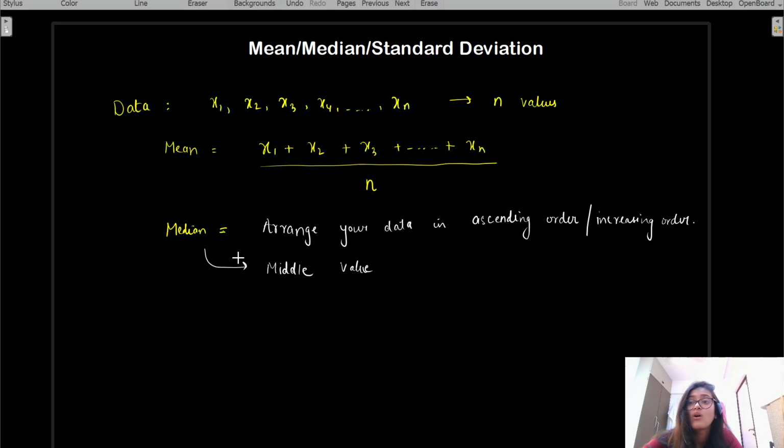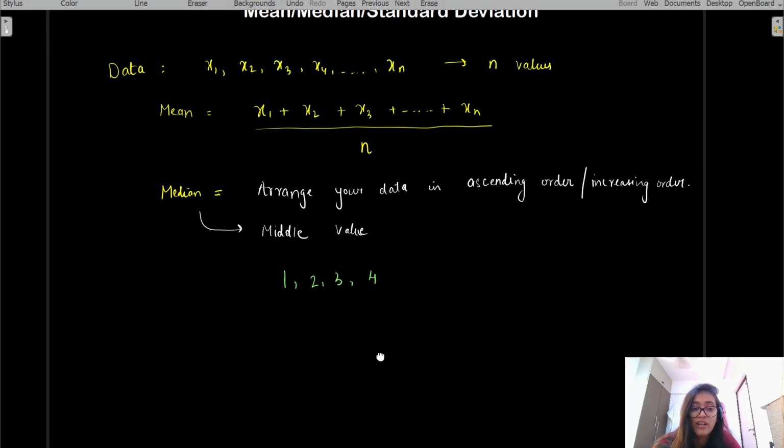And now any normal person would have this question: what if we have an even number of values? So what if we have this data, 1, 2, 3, 4? There are 4 values, so I cannot find the middlemost value.